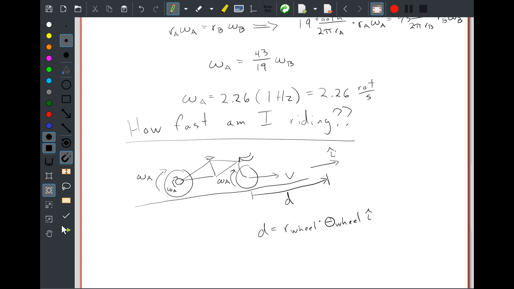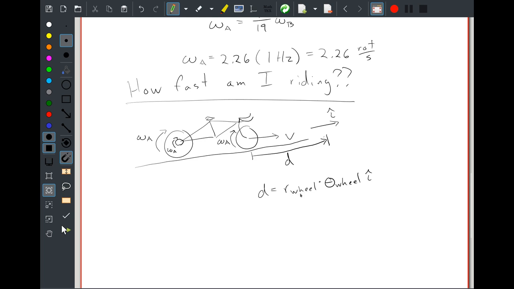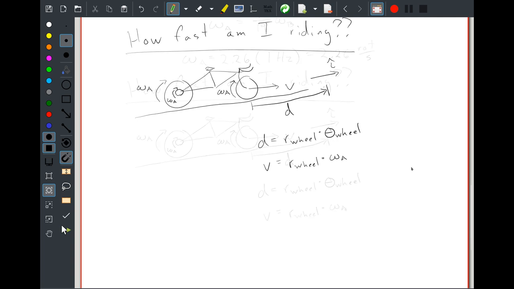And that's along that I direction. So if I take a derivative of this, the radius of the wheel is constant, and I get velocity, so the speed of the bike is going to be r of the wheel times theta dot of the wheel, which is omega A. So V is 0.334 meters, that was the radius of that 700 by 23 wheel, times 14.22 radians per second in that I direction.